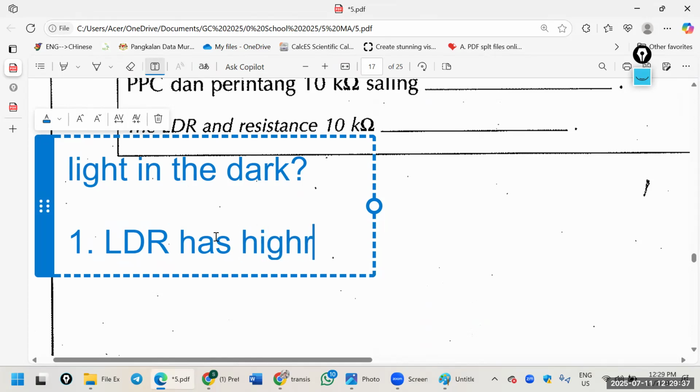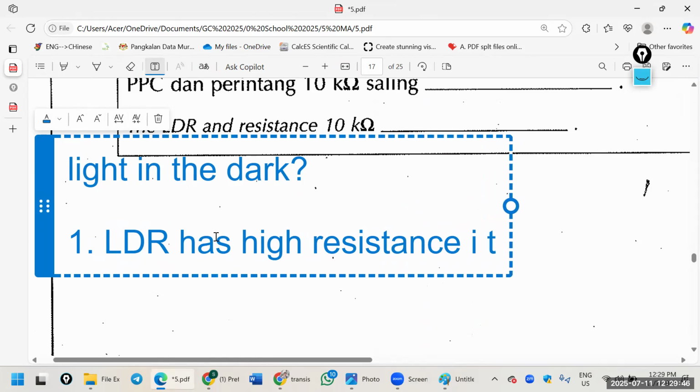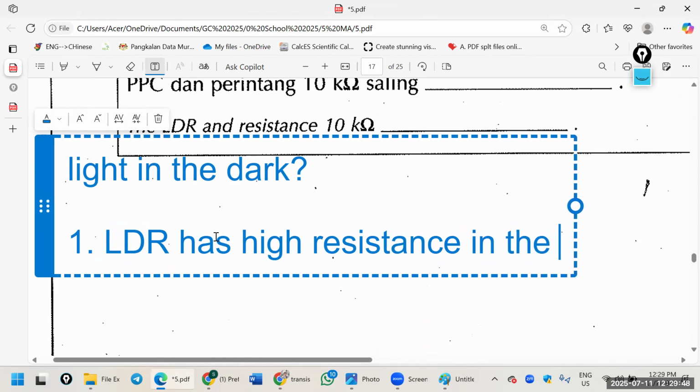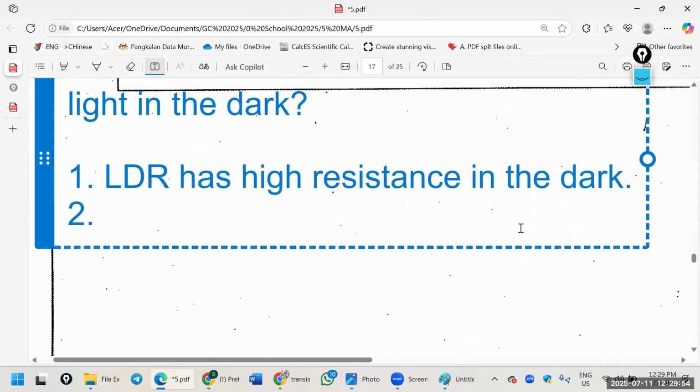So we say high resistance in the dark. So that's why LDR at the bottom, right?